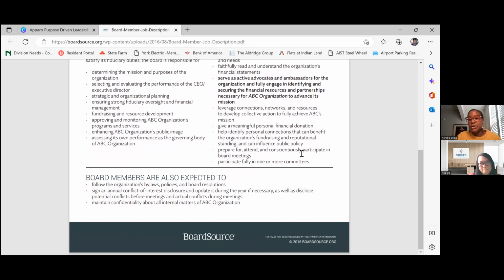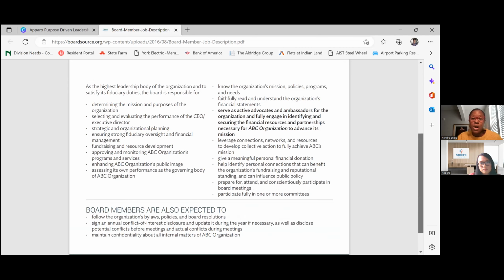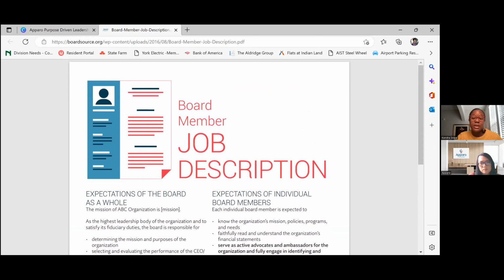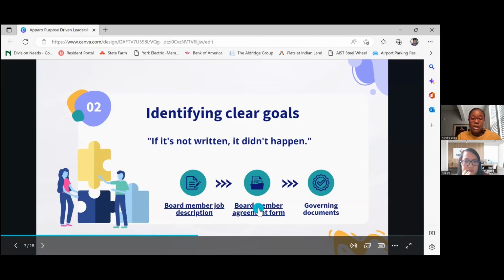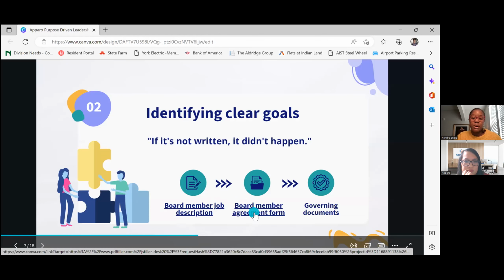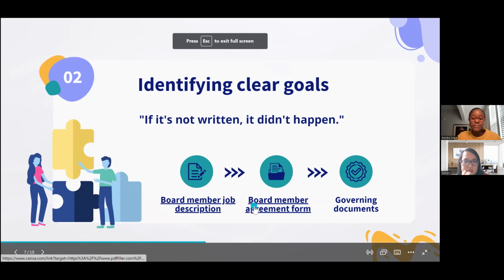At this point, you can still back out because it's just like, well, I didn't realize that it would be this much work. I don't know if I have the capacity to really give my best to this role. So we're giving you all of these things just to make sure that you are well aware of what you're getting yourself into. Now, let me give you an example of what a board member agreement form looks like.